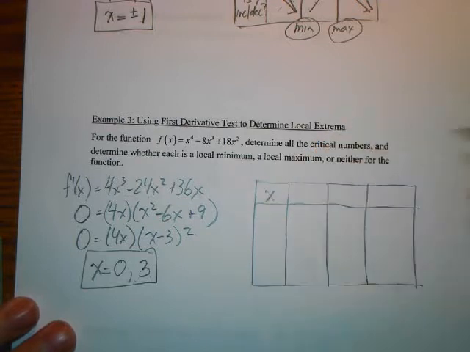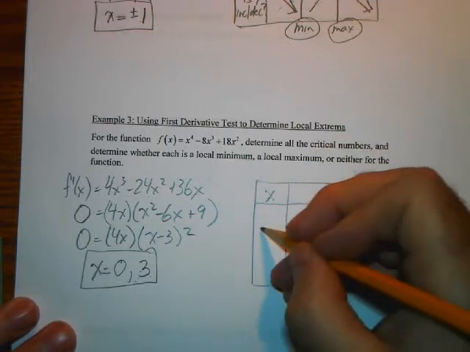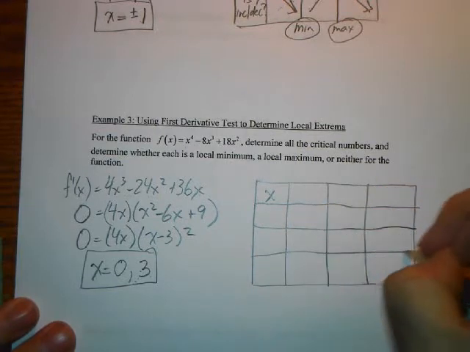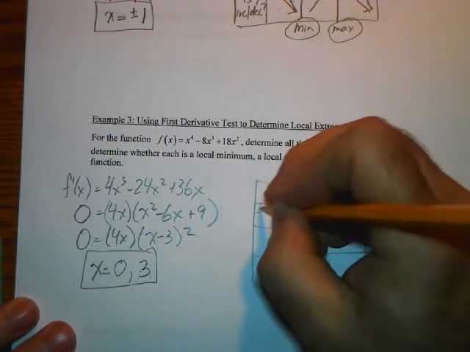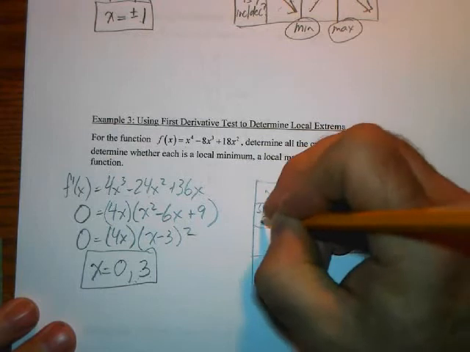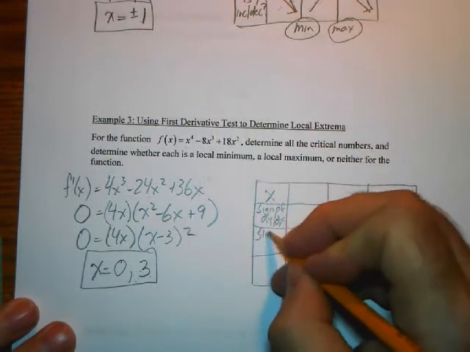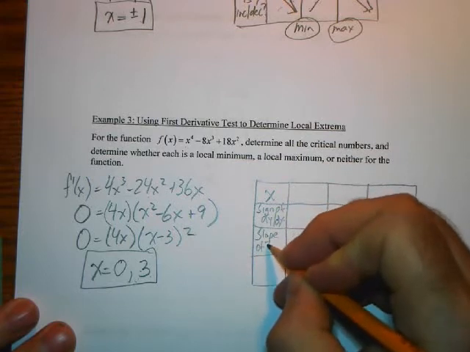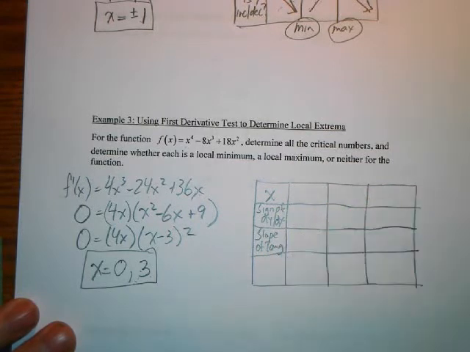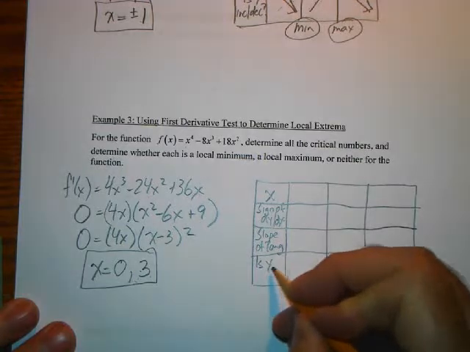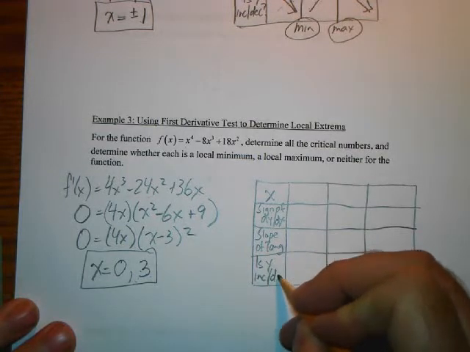So we have our x, and we have the sign of dy by dx, the slope of the tangent, and is y increasing or decreasing.